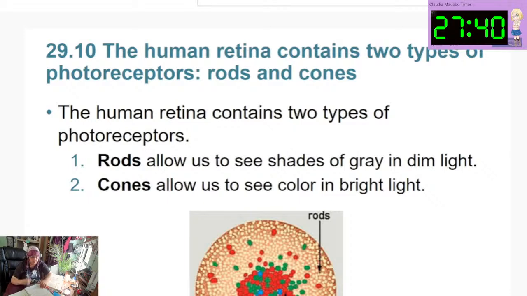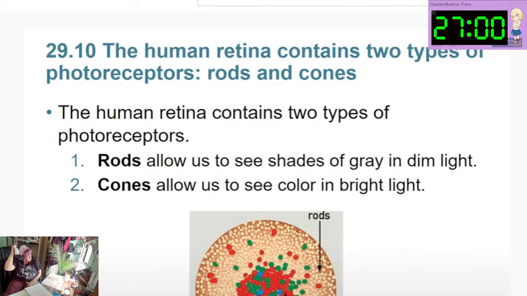So there are 2 types of photoreceptors in our eyes. Rods and cones, that's what they're called.